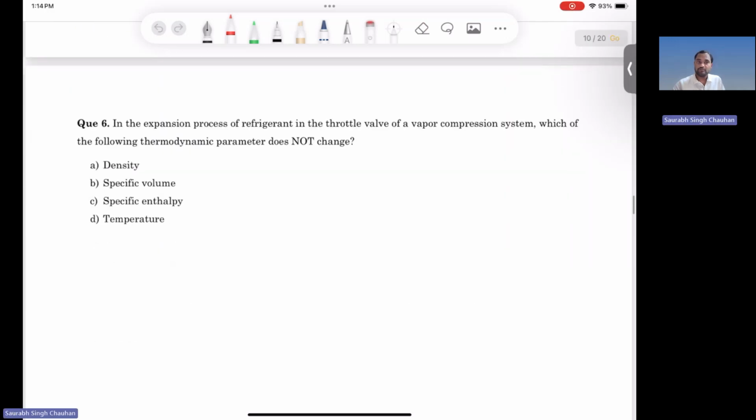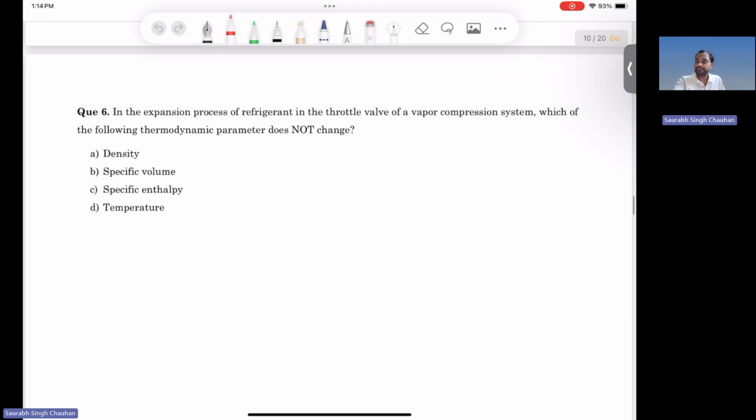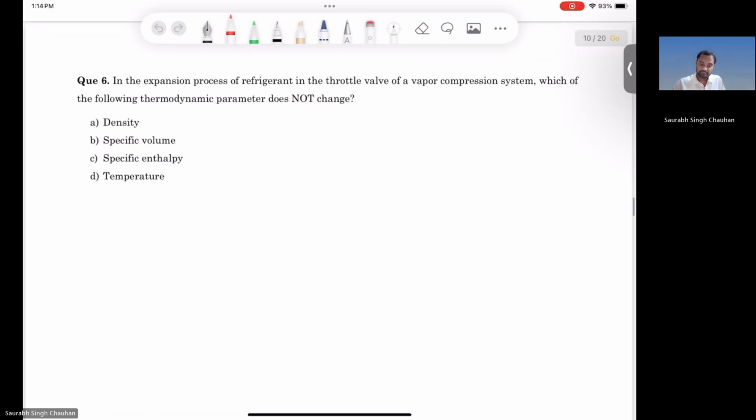Now we will move to the next question. Question number 6.